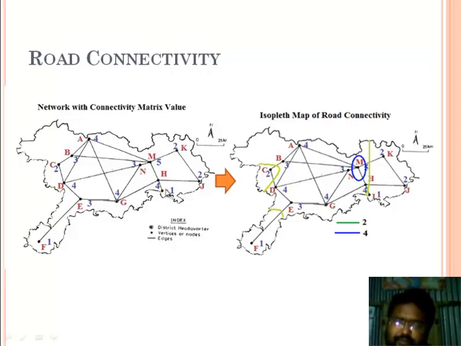Then we have to make a range. Here the highest value is 5 and the lowest value is 1. On the basis of the highest and lowest values, we will find a range.